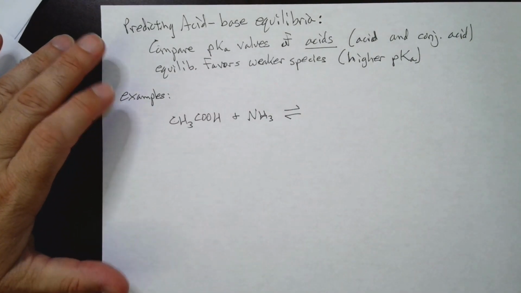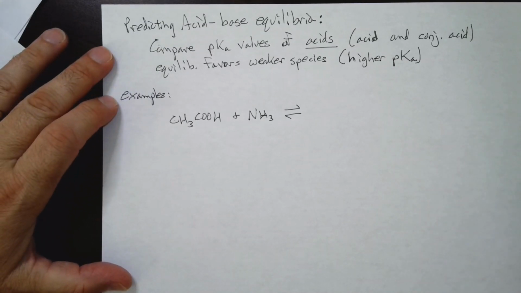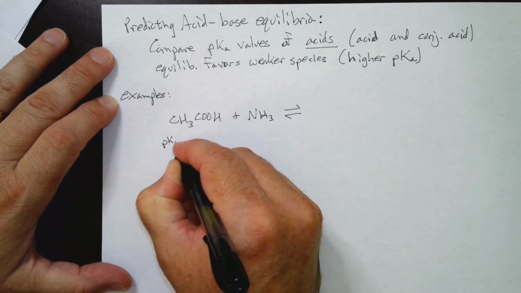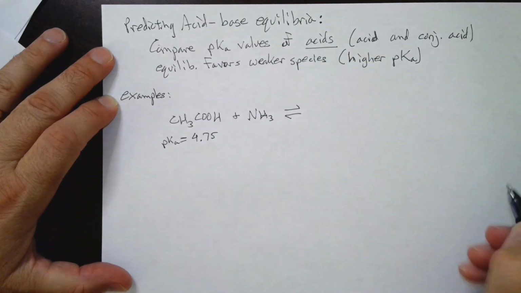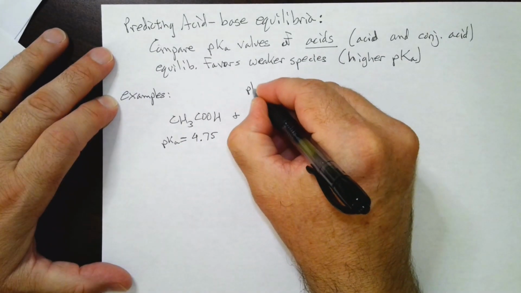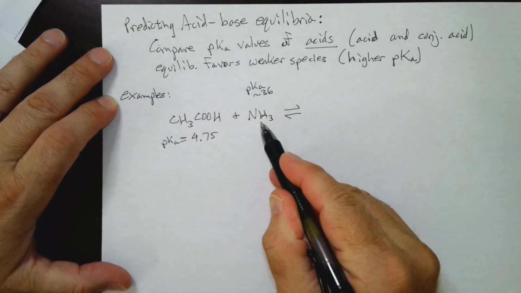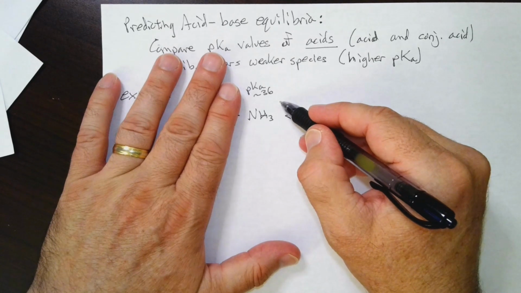Now, first of all, how would I figure out what's going to happen? Well, I can take a look and say that my pKa here is 4.75. The pKa of this guy is around 36 for ammonia. And by pKa, that means this guy losing a proton.